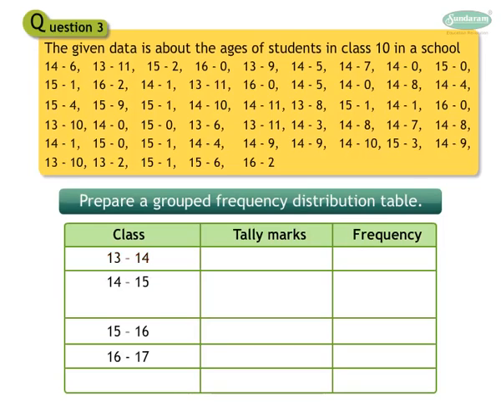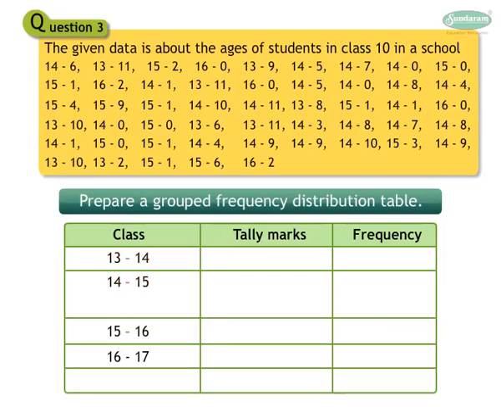Now, the lower class limit is included within the class and the upper limit is excluded from it. That is, 13 years to 13 years 11 months will be included in class 13 to 14. 14 years to 14 years 11 months will be included in class 14 to 15 and so on.